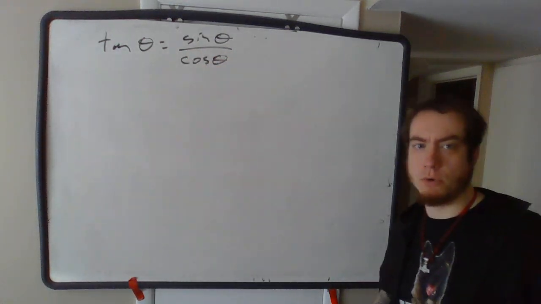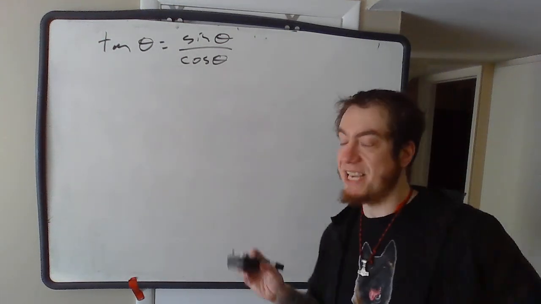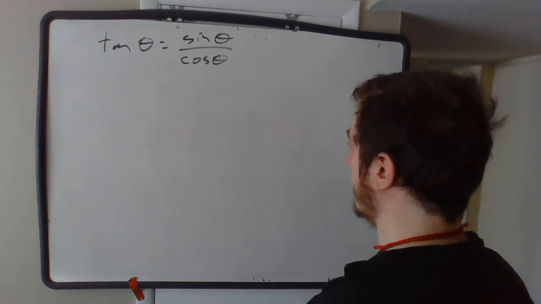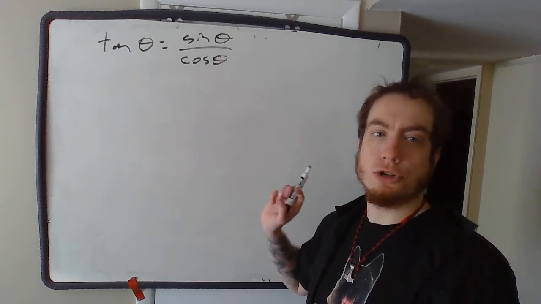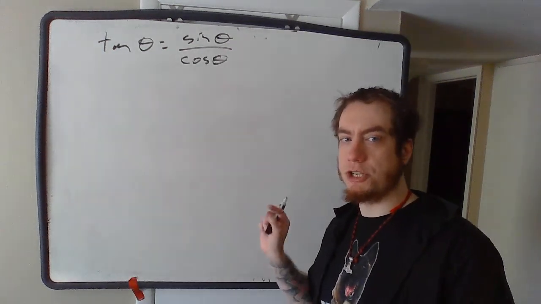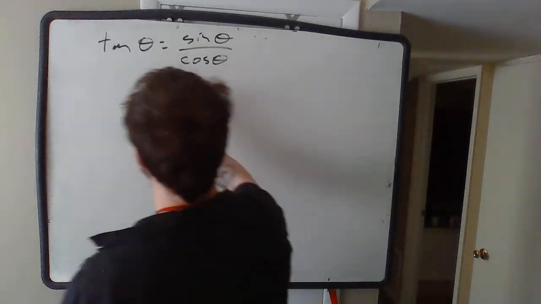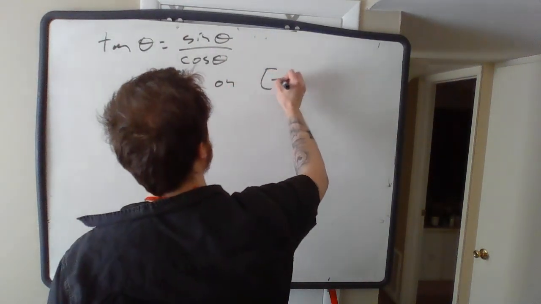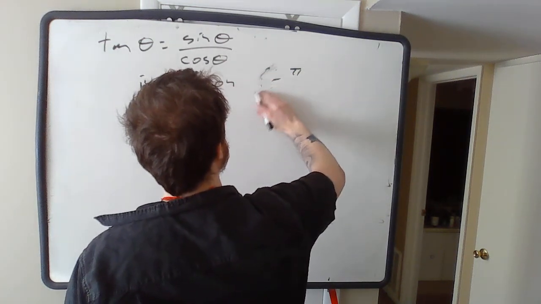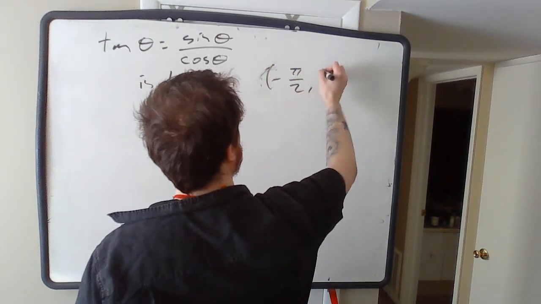So what we want is to ensure that we have a domain on which this thing is 1-to-1. This is 1-to-1 if we restrict ourselves to minus pi over 2 to positive pi over 2.